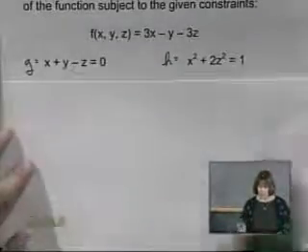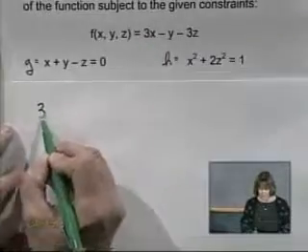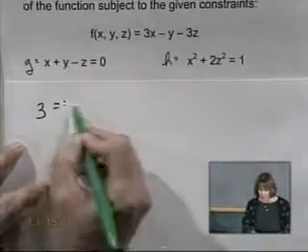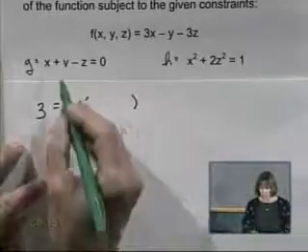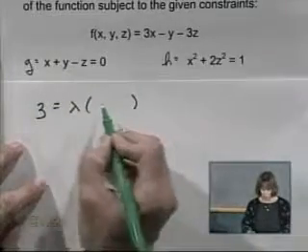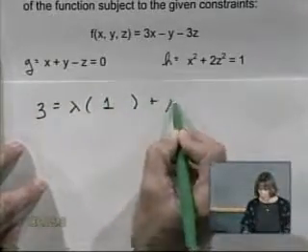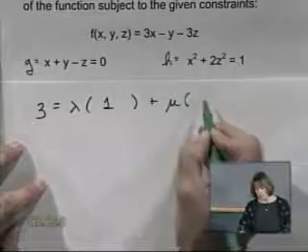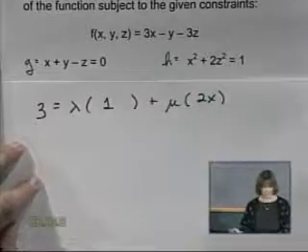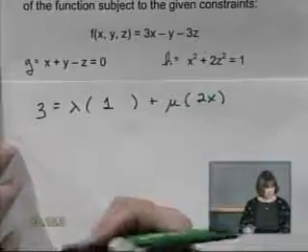First one, partial of f with respect to x, thank goodness, is just a 3. That's good. Equals lambda times, what's the partial of g with respect to x? 1. Plus mu times the partial of h with respect to x is 2x. Now I'm going to do it with respect to y.